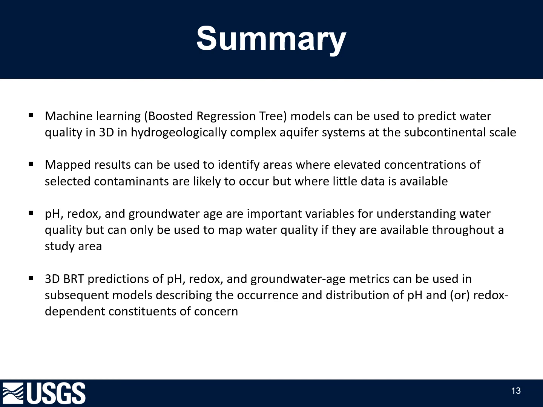And 3-dimensional boosted regression tree predictions of pH, redox, and a variety of groundwater age metrics can be used in subsequent models describing the occurrence and distribution of pH and/or redox dependent constituents of concern.